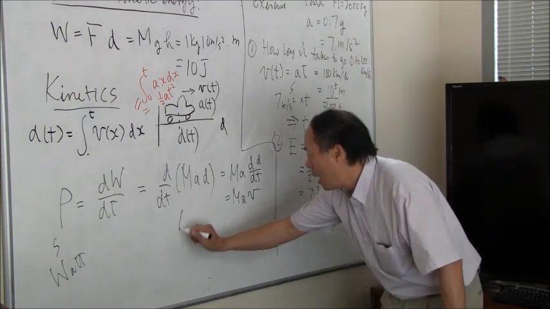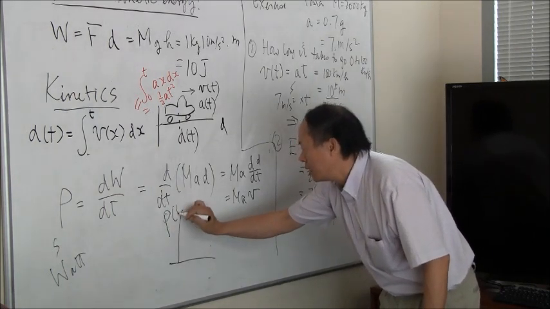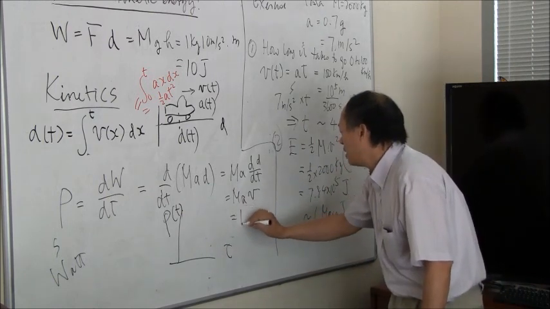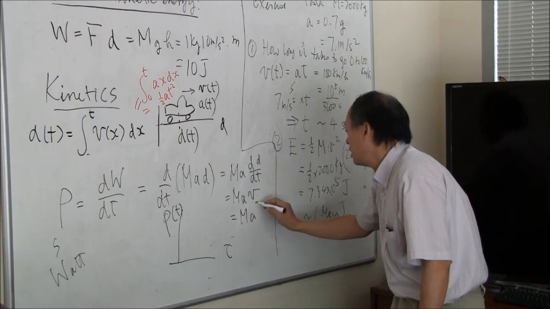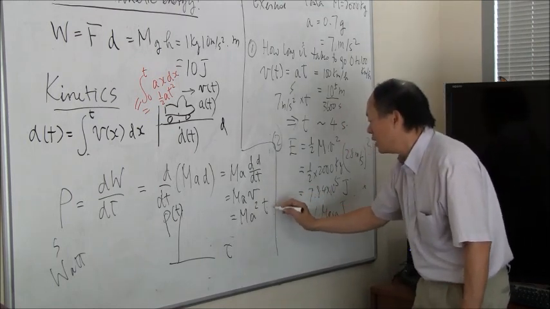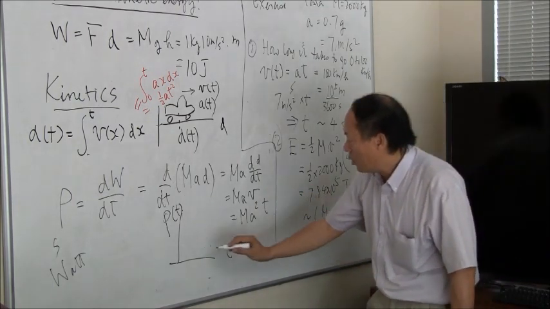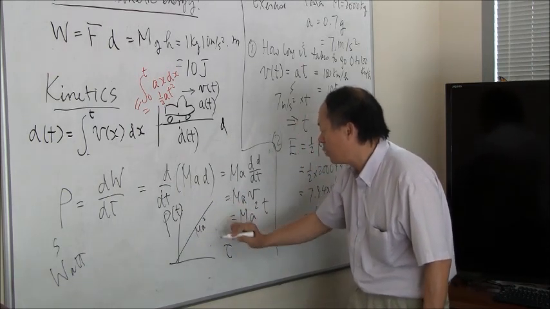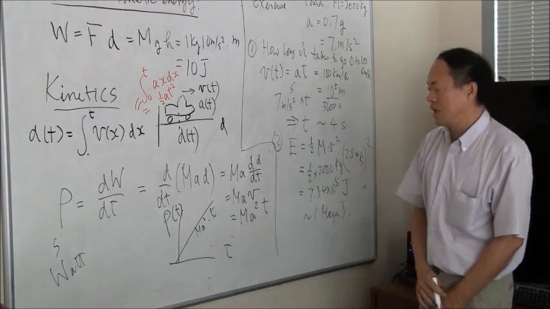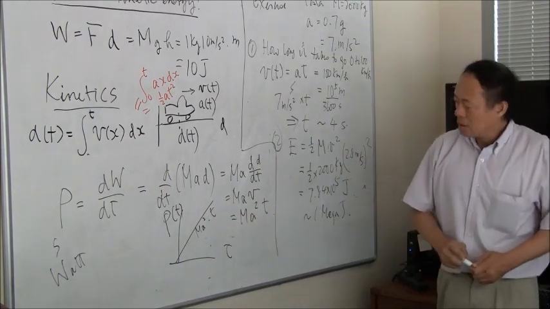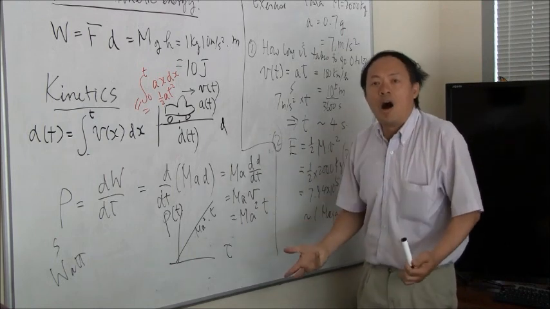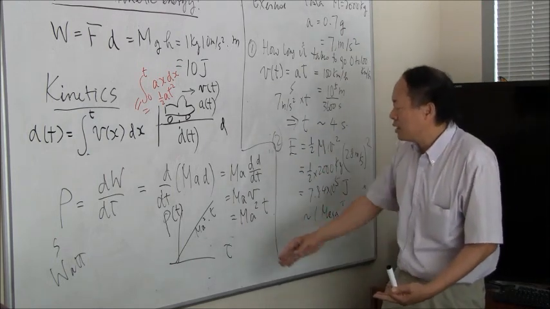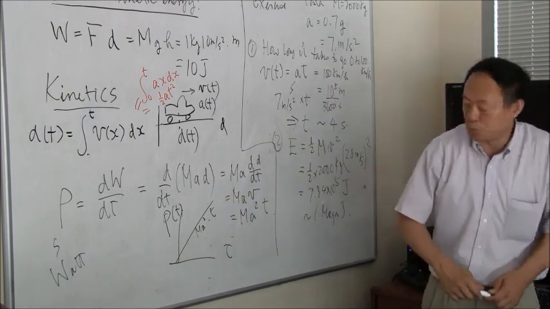So if you plot the power taken out over time, since velocity is equal to a times t, it's ma squared t. So the power curve as a function of time has a slope of ma squared. Which means that if I accelerate the car at a constant acceleration rate, eventually the power will go to infinity. That's probably not true.